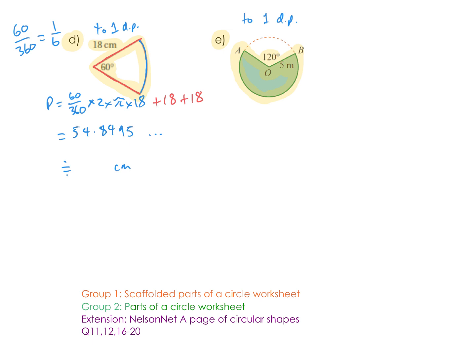I get a lot of digits. I think we decided one decimal place. That's where we chop it off. Look at this digit. It's a 4, so chop it all off. It doesn't round up. It stays as it is. 54.8 centimeters is our final answer.